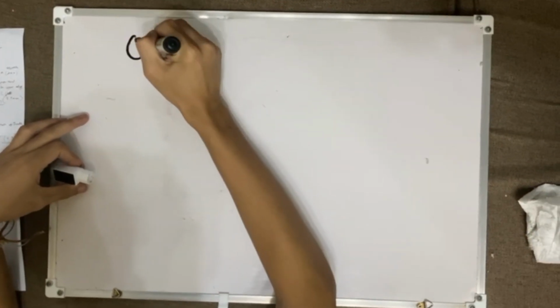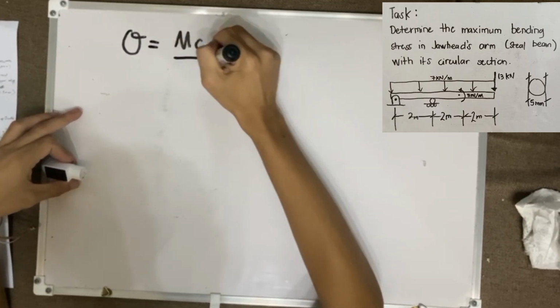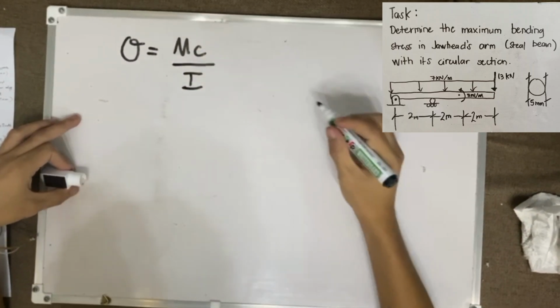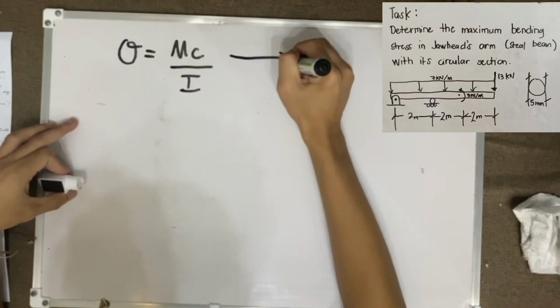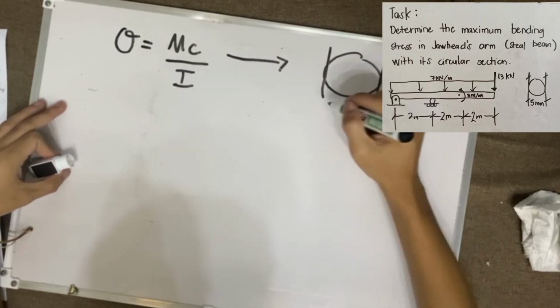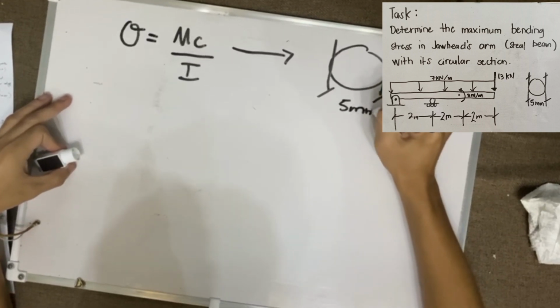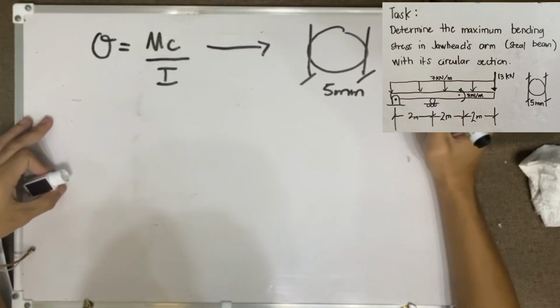Going back to our problem, we are asked to find the maximum bending stress, so we will use the formula Mc over I. The value of c will be the centroidal distance of our circular section going to the outermost fiber.